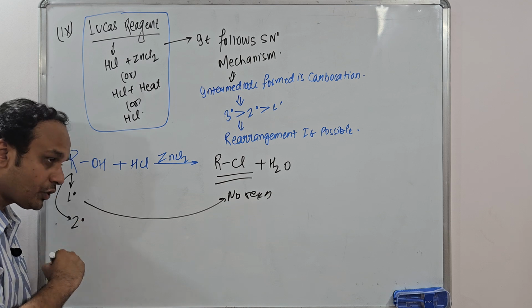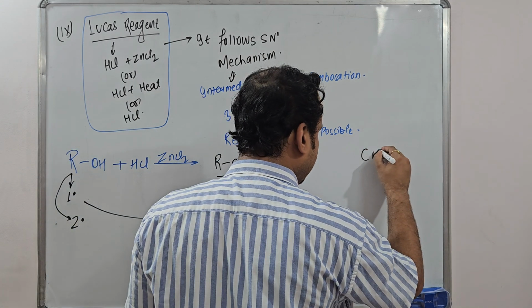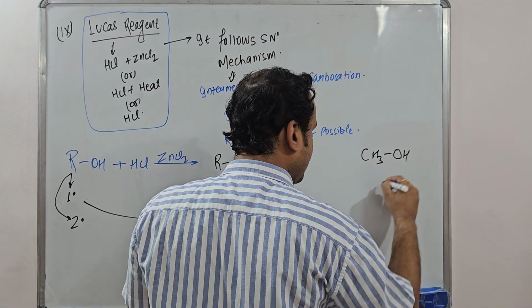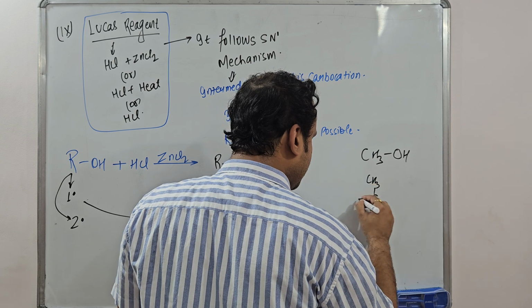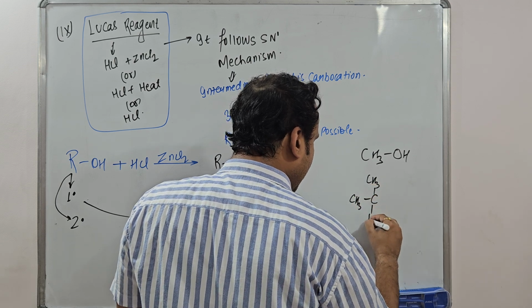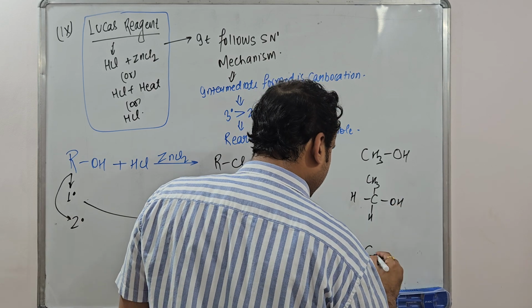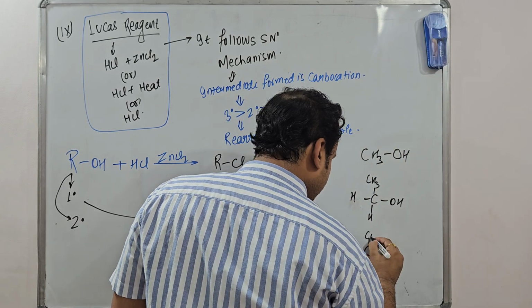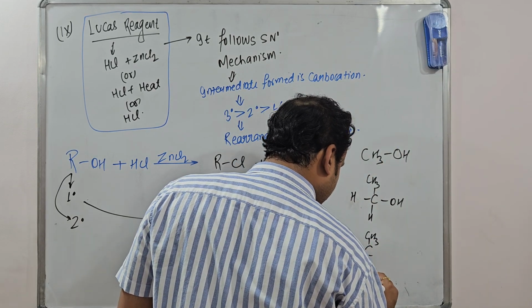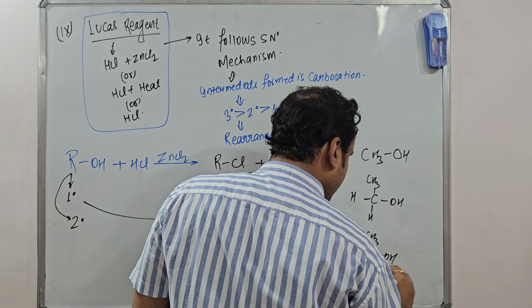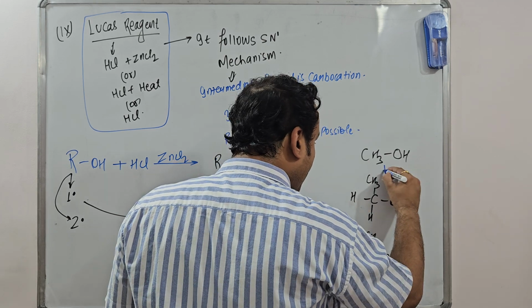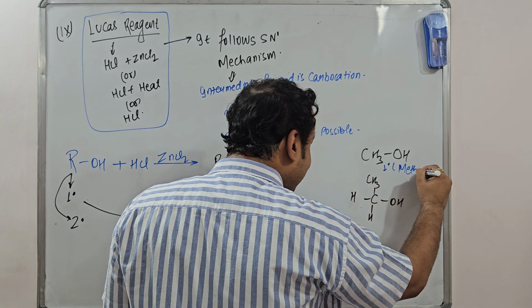If R is 2 degree, you know now 1 degree, suppose I have written over here CH3OH. Second, I have written CH3CH(OH)CH3, or over here again OH, or I have written over here (CH3)3COH. Now this is 1 degree with methyl.